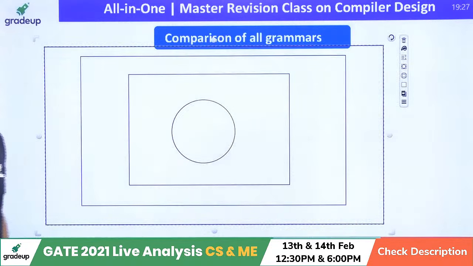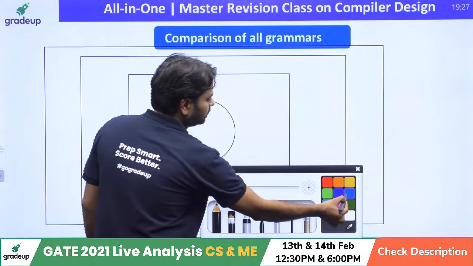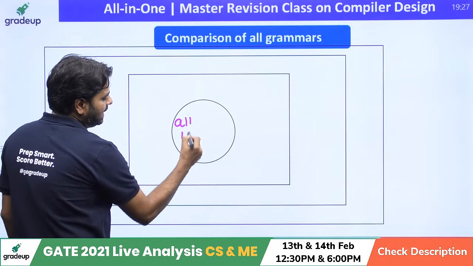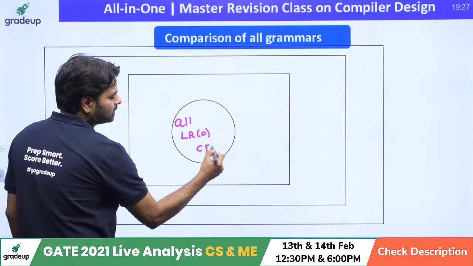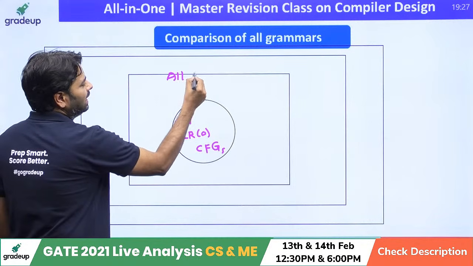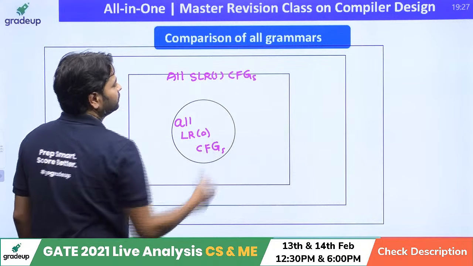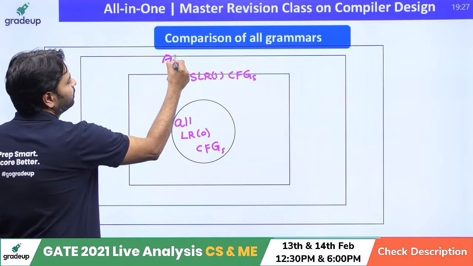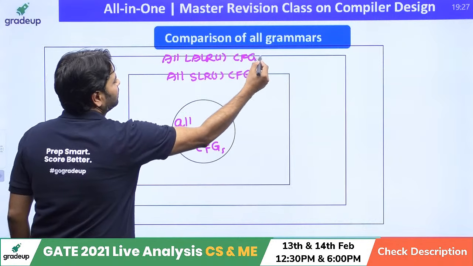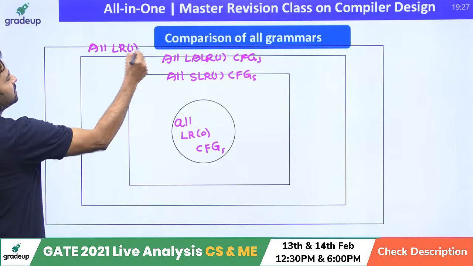We have 4 classes: LR0, SLR1, LALR1 and CLR1. This box is all LR0 context free grammars, this box is all SLR1 grammars, this one is all LALR1 grammars, and this one is all LR1 grammars.